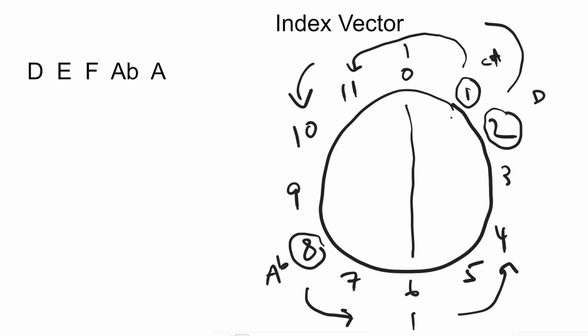But we call 12 0 in this system. It's what's called a mod 12 system. So we don't go beyond 11 with the numbering. Once we go beyond 11, it goes back to 0, which gives us our set of 12 numbers or 12 notes. So anything that's 12 or higher, you need to subtract 12 from that to keep it in this circle.